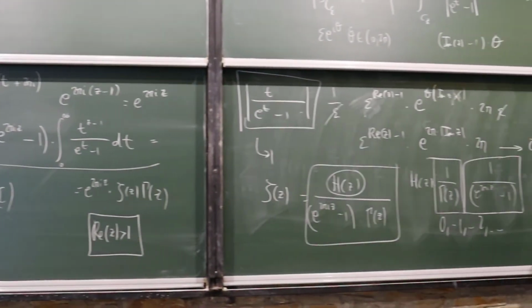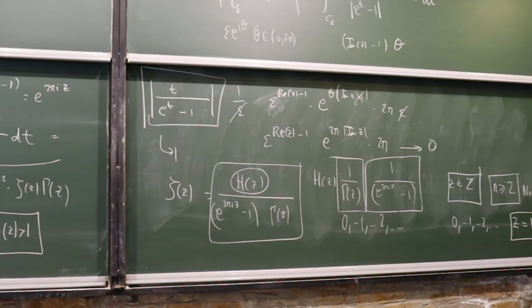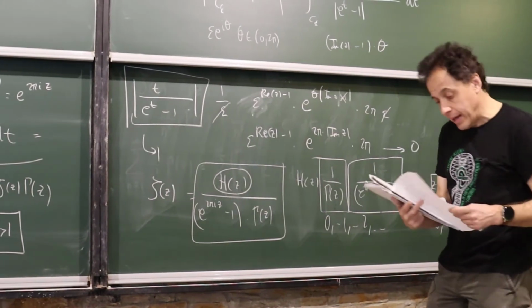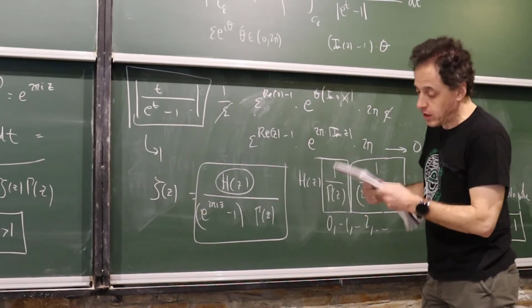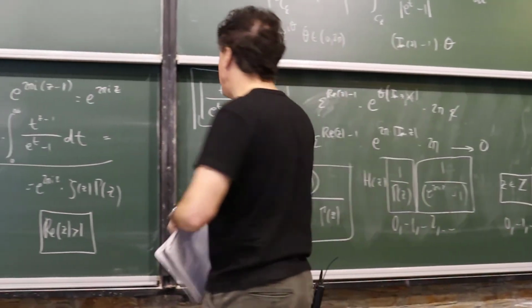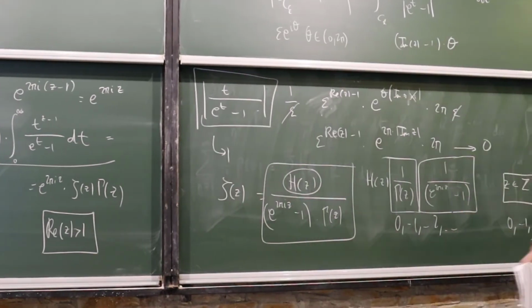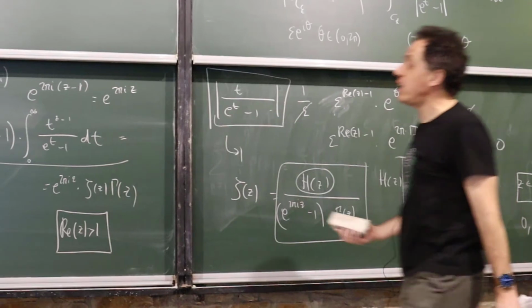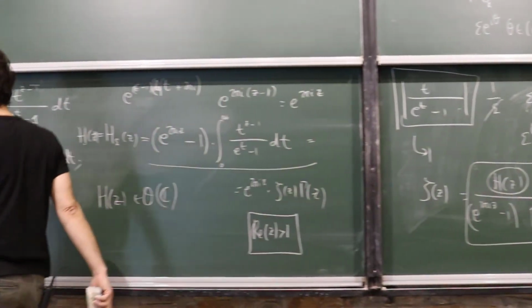And in fact, at this point, it has a pole. Let us compute the residue of this pole. In order to compute it, let us compute the value of the function h at 1.